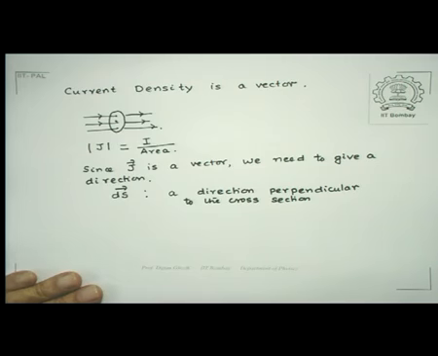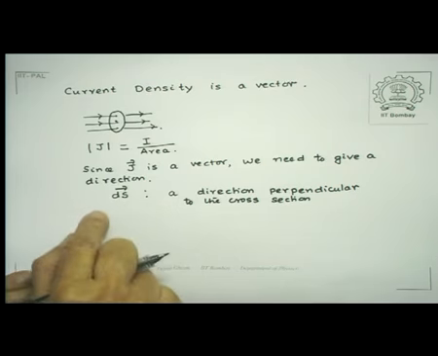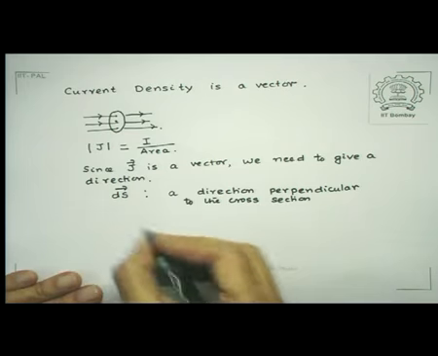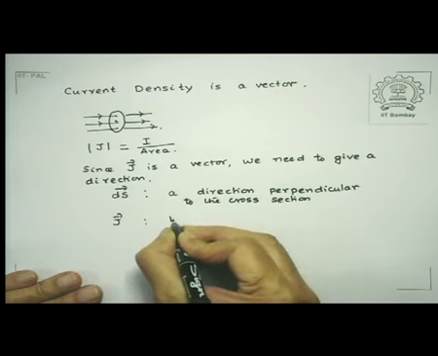Now we take the direction of dS as the direction of that surface from which the current is coming out. And we define J to be in the direction of current flow.